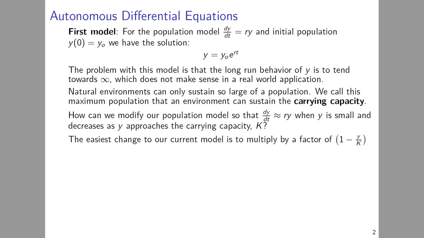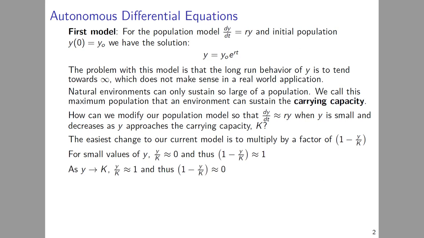The easiest change to our current model is to multiply by the factor 1 minus y over k. That way, for small values of y, y over k is roughly 0, and thus 1 minus y over k is roughly 1. So we're multiplying by a factor close to 1, not changing it very much.